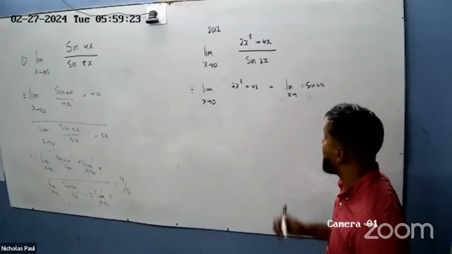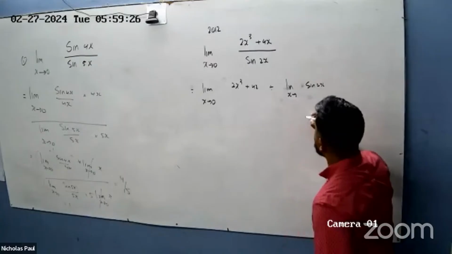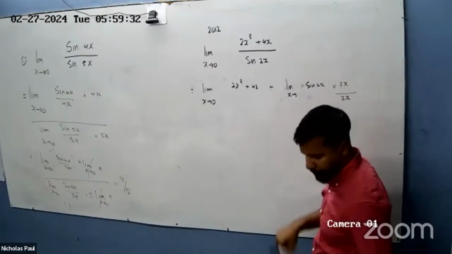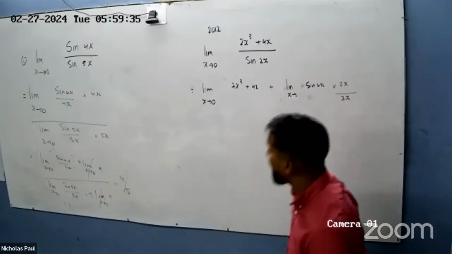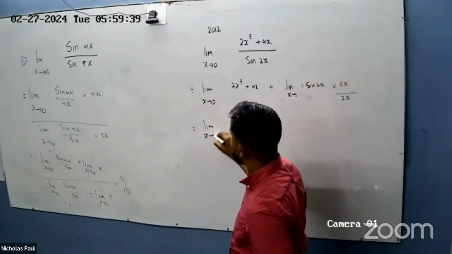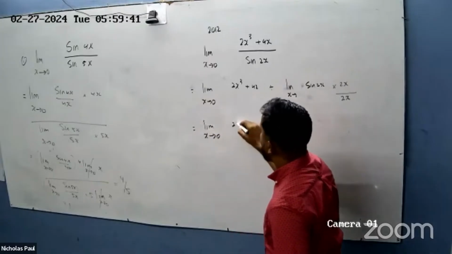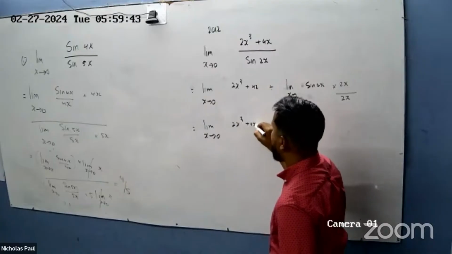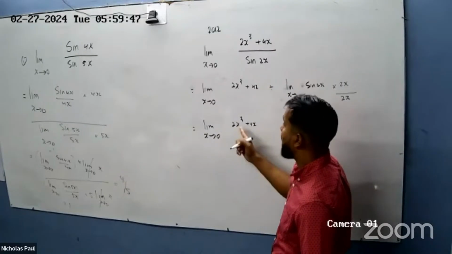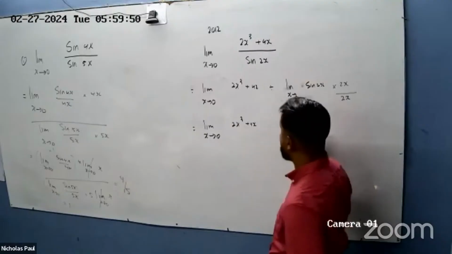All right, so how are we doing this here? First thing we can do, we want to get sine 2x over 2x here, so we can multiply by 2x, divide by 2x. So you'll end up with the limit as x approaches 0 of 2x cubed plus 4x. I don't want to bring it in here yet. You can probably factorize if you want, and then you will see what will happen there.